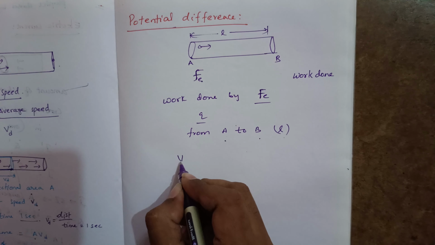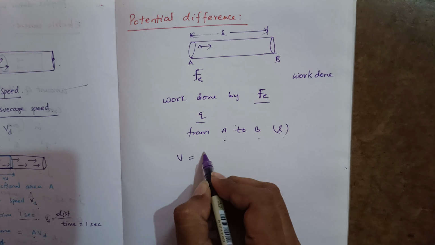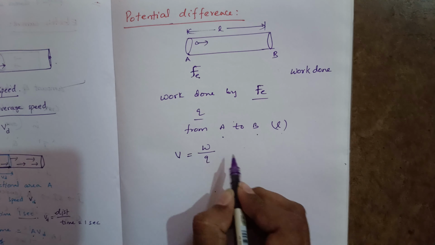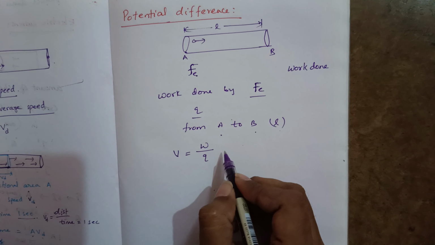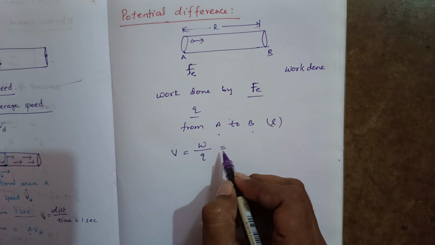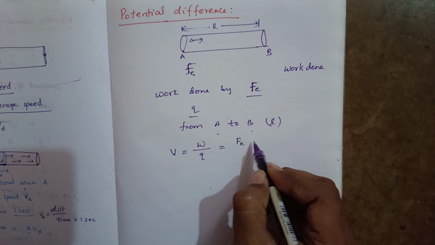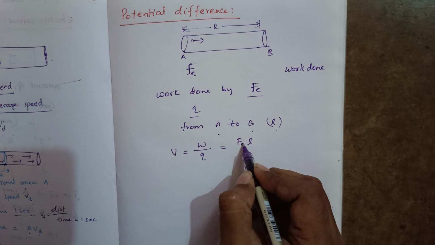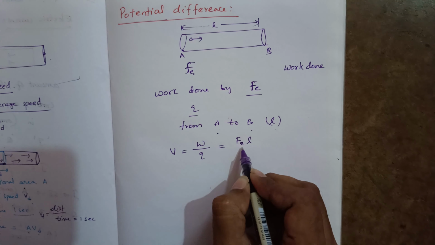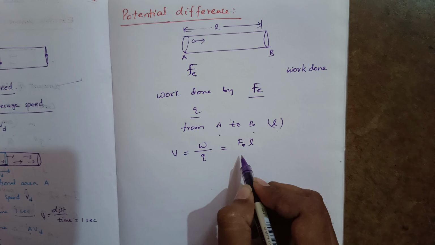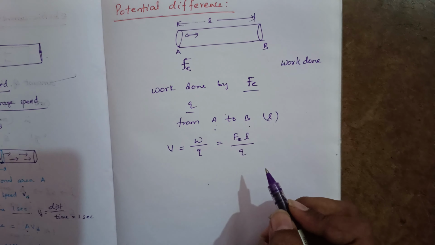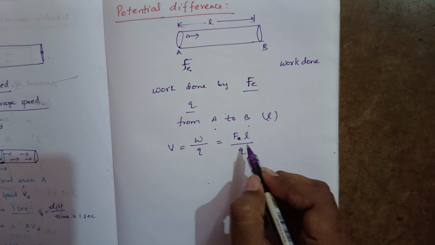Potential difference is denoted by the letter V, equal to work done per charge, W by Q. Work is force into displacement, electric force Fe into distance L, so V equals Fe L by Q.